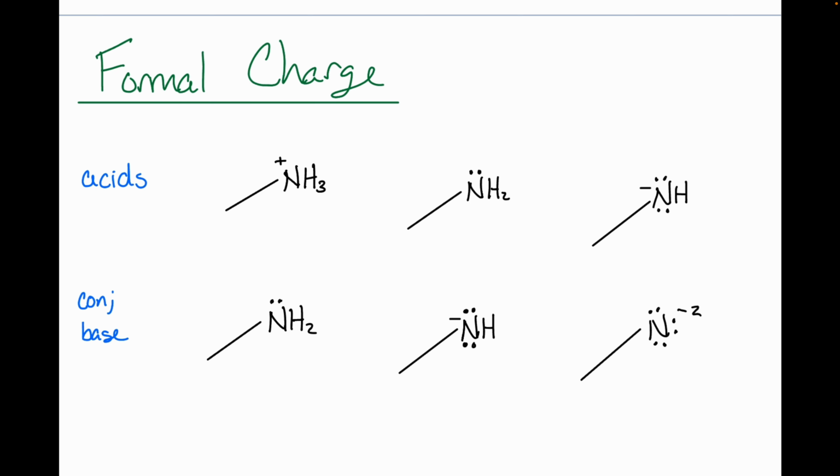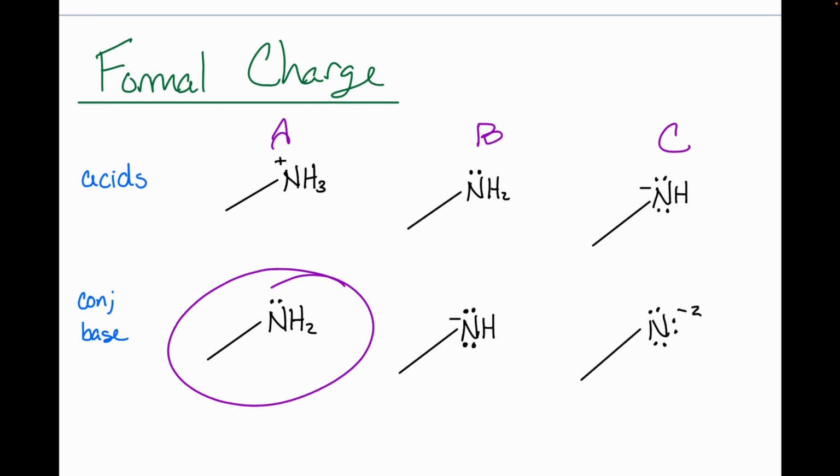All right, so let's take a poll here. We're going to call this acid A, B, and C. Looking at those conjugate bases and thinking about what's the most stable, what do we think is the strongest acid? A, because its conjugate base is this neutral molecule here, right?